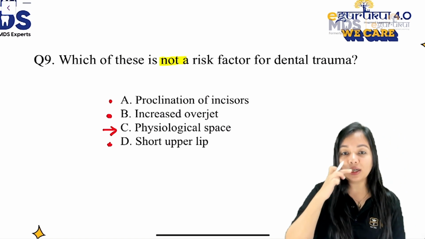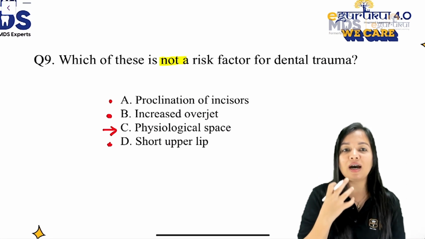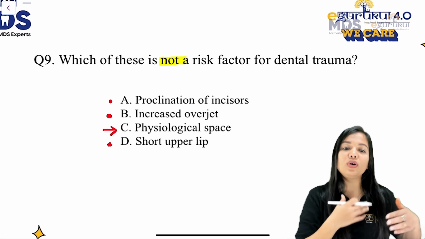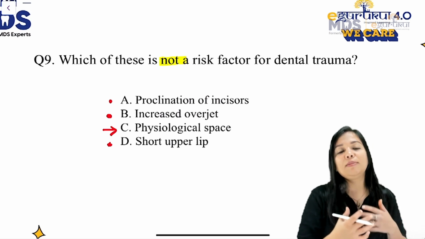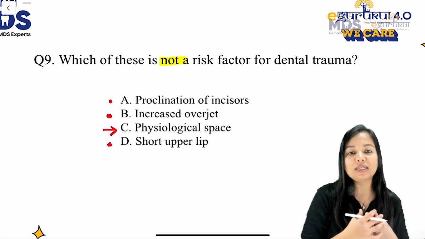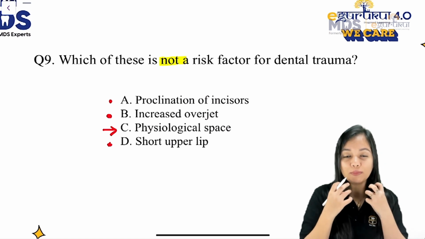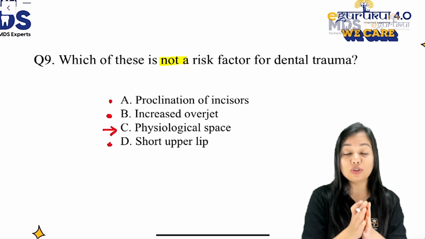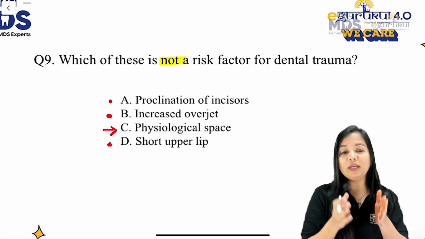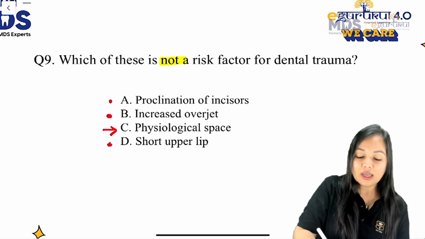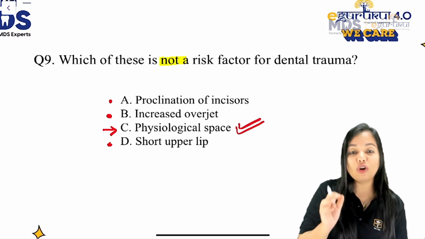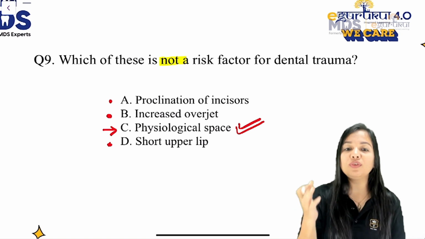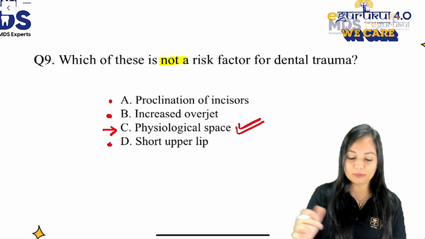When there is a shorter upper lip, the incisors are at a greater risk to get traumatized, because the whole cycle, shorter upper lip, mouth breathing will result in an open bite, will result in proclination of the anteriors, and proclined anteriors are at a greater risk to dental trauma. So again, short upper lip cannot be the correct answer. The only correct answer is the physiologic spaces. So presence of physiologic spaces has nothing to do with the risk for dental trauma.